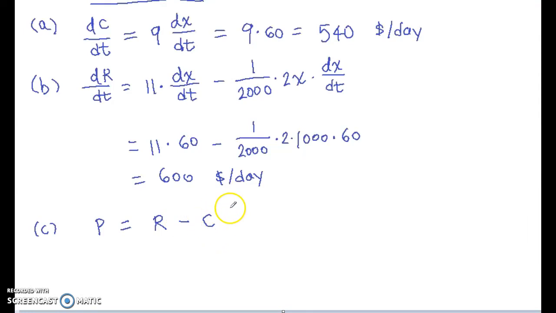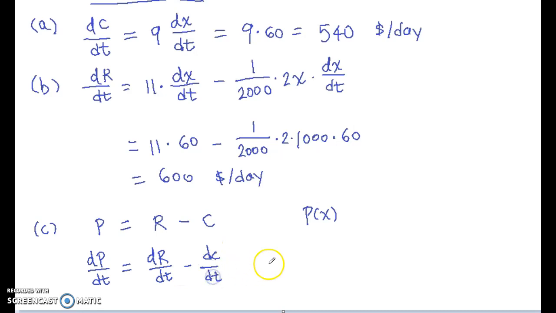We don't need to derive P of x at all, because we do know the rate of change dR over dt and dC over dt. So all we need to do is take the derivative of both sides. So dP over dt, take the derivative with respect to time, same thing, term by term: dR over dt minus dC over dt.